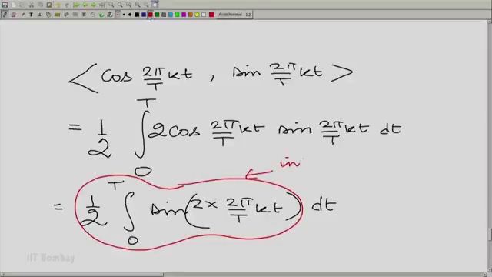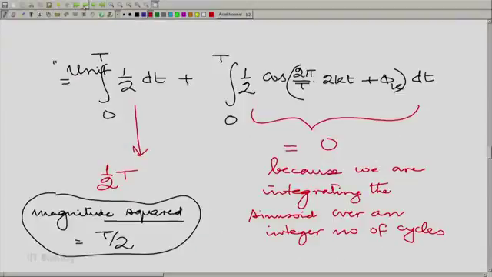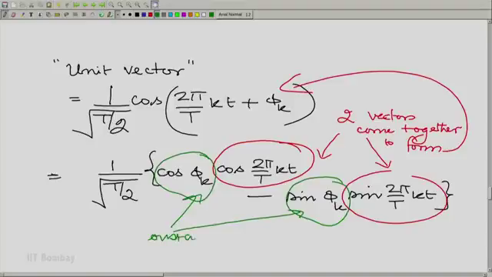We are integrating this sinusoid over an integral number of cycles, and so the integral has to be 0, and therefore the cosine and the sine components at that frequency are also perpendicular to one another.